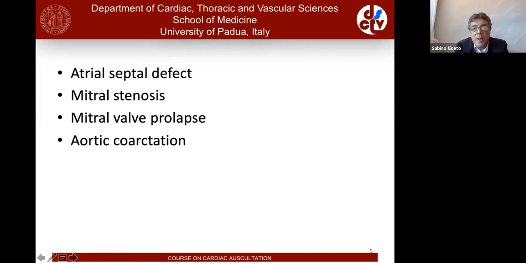So atrial septal defect, mitral stenosis, mitral prolapse, but we have to consider that these are three areas of different clinical picture. Of course, I'm showing something that is simple auscultation without the patient, but atrial septal defect is in the congenital area, mitral stenosis is in the rheumatic acquired area, and mitral valve prolapse is a predisposition.